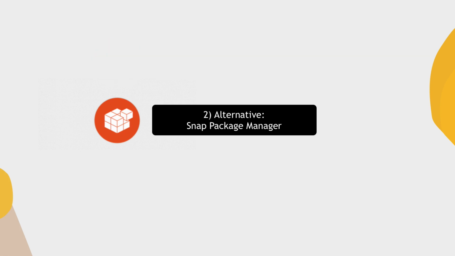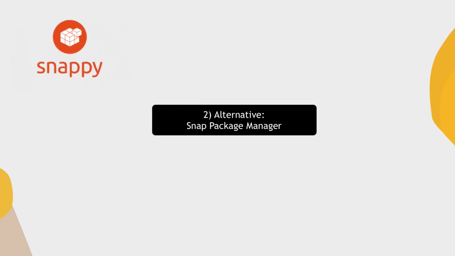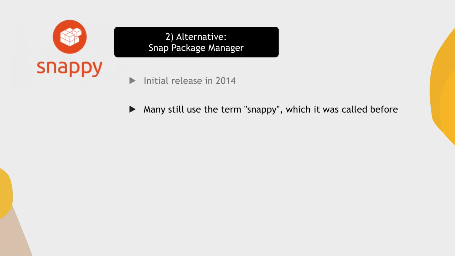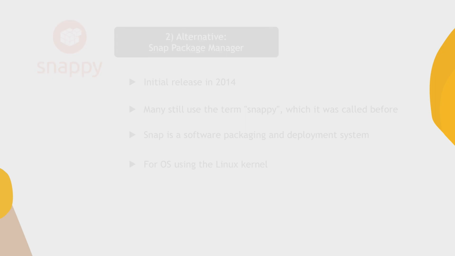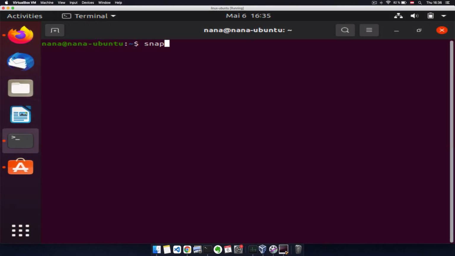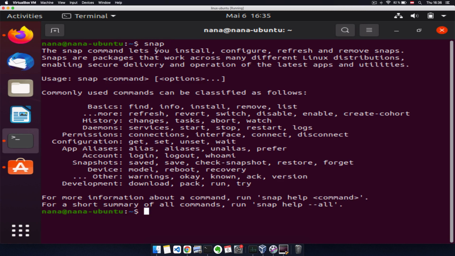Another one is using another package manager tool, which is actually a newer package manager for Linux, called Snap. Snap is basically a software packaging and deployment system for operating systems that use Linux kernels. If I type in Snap here in my Ubuntu operating system, you see that we have Snap also available by default, so this one also comes bundled with the operating system distribution.